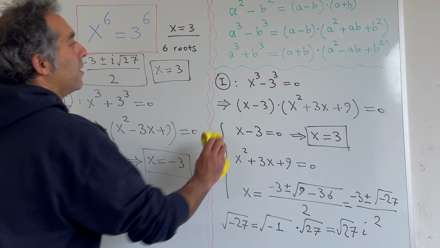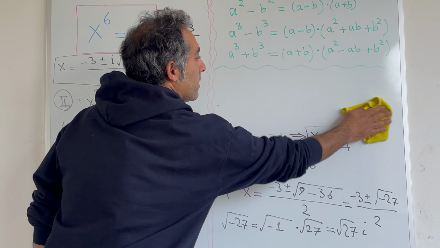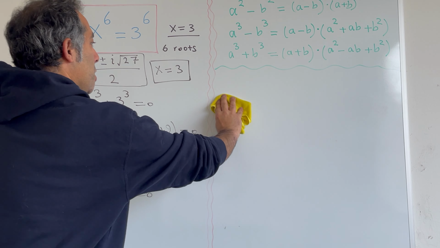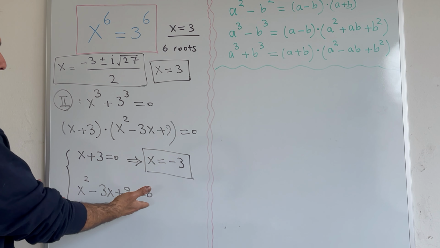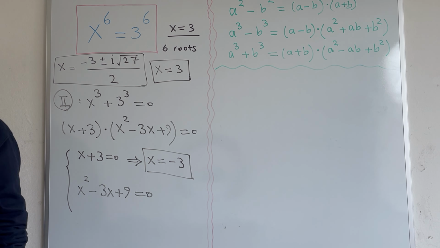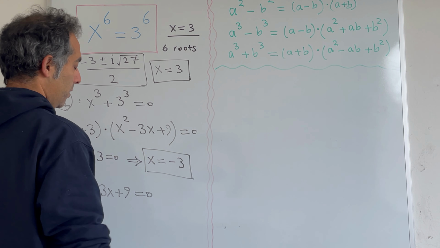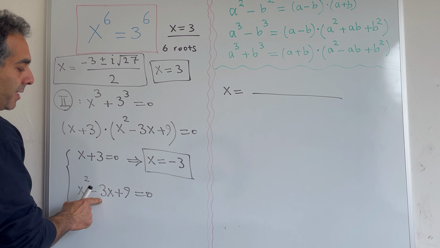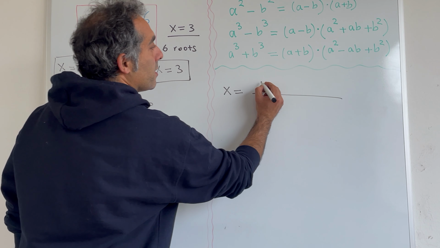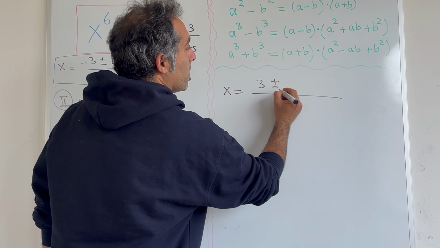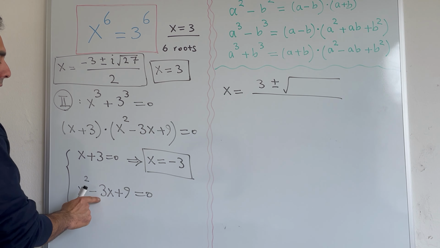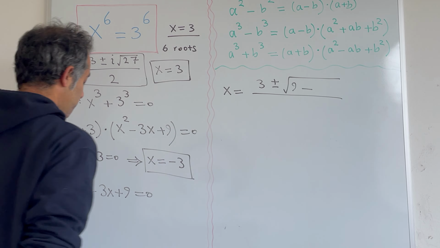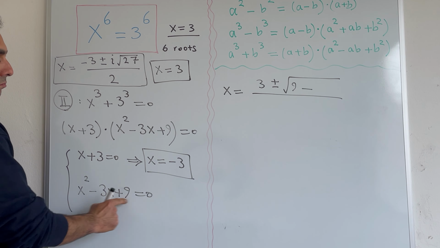Again, I can erase this side, and because it's a quadratic equation, I can write the solution. x equals minus of minus 3, which is plus 3, plus minus the square root of minus 3 squared, which is 9, minus 36.